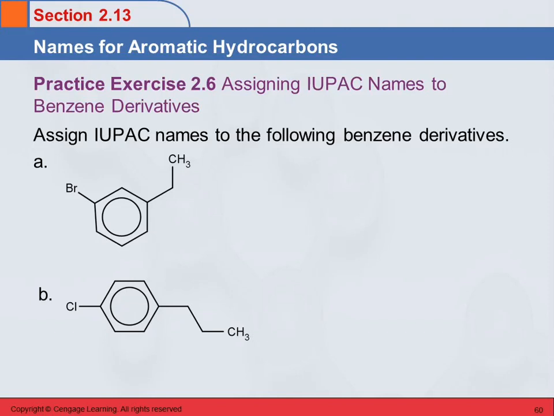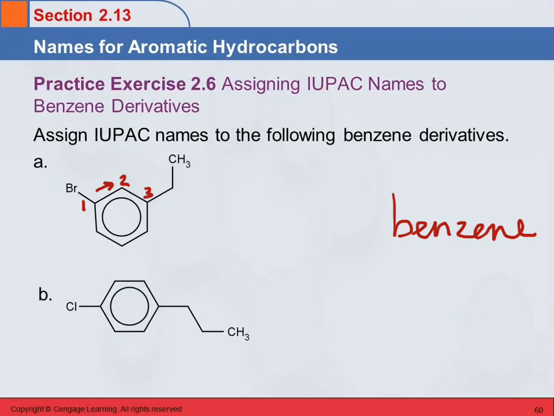So we've got benzene as our base name. And we've got bromo and ethyl, and so we have to decide how to number these. Well, we should start with number 1 on bromine, right? Because that comes first alphabetically. And the short way is to number this way, 1, 2, 3.